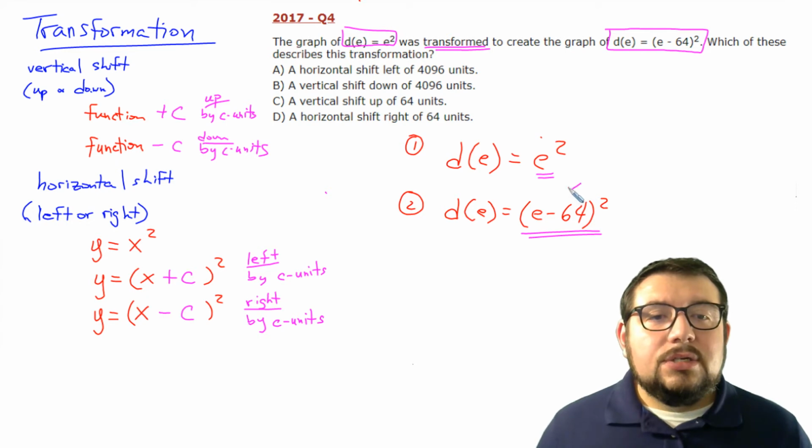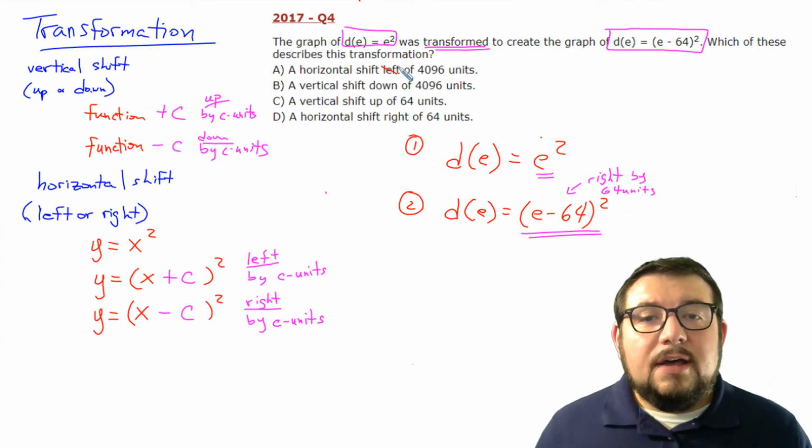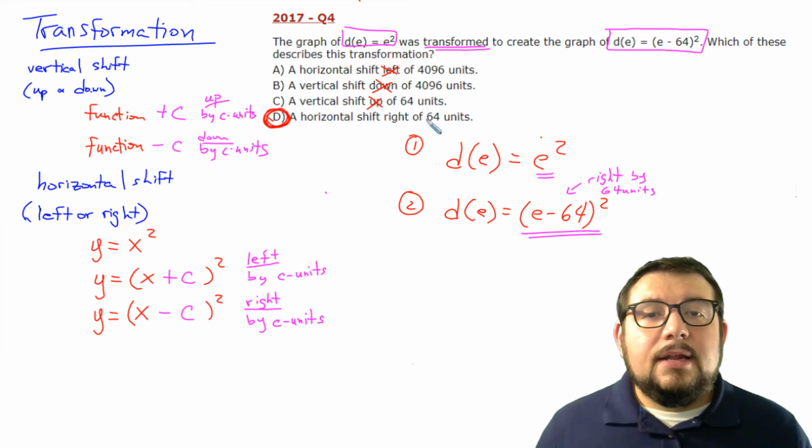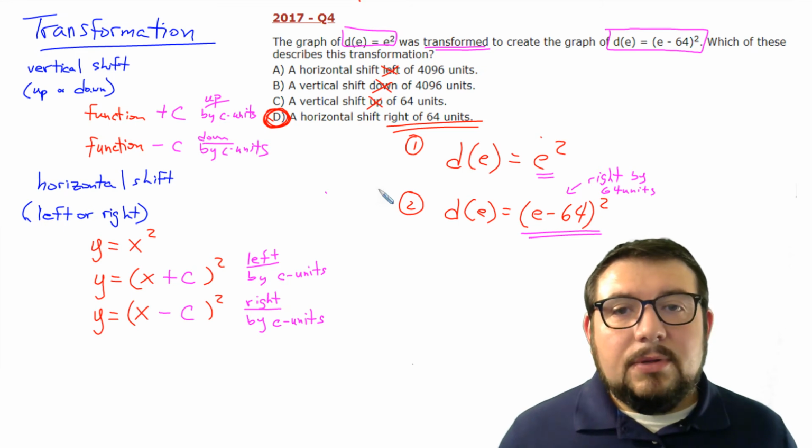So this change, the subtracting, told me that it moves to the right. And the 64 told me the number of units, right by 64 units. And that's going to be my transformation. So right here, it says shifts to the left. Nope. Shifts down. Nope. Shifts up. Nope. Shifts to the right. Absolutely. And it even says to the right 64 units. All right. So there you go. That is how we do this problem.